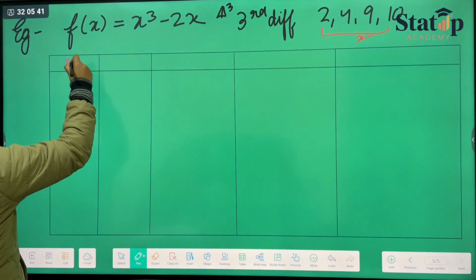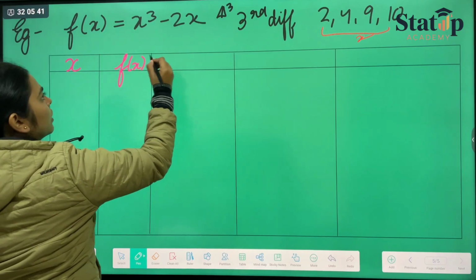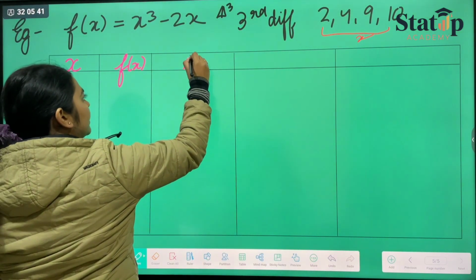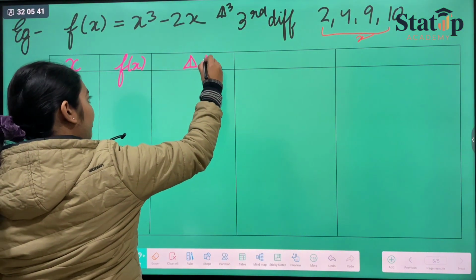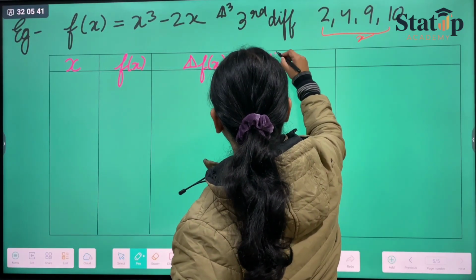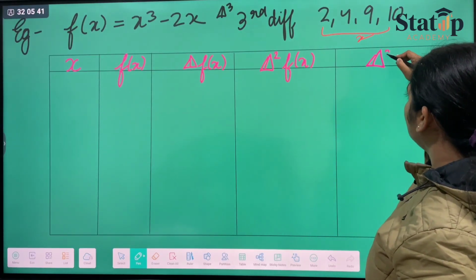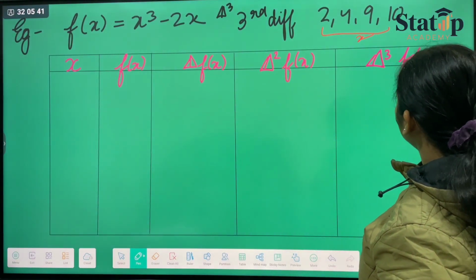So here we take x, here f(x), here delta raised to the power 1 of f(x), here delta raised to the power 2 of f(x), which is the second difference, and here the third difference, delta raised to the power 3 of f(x).